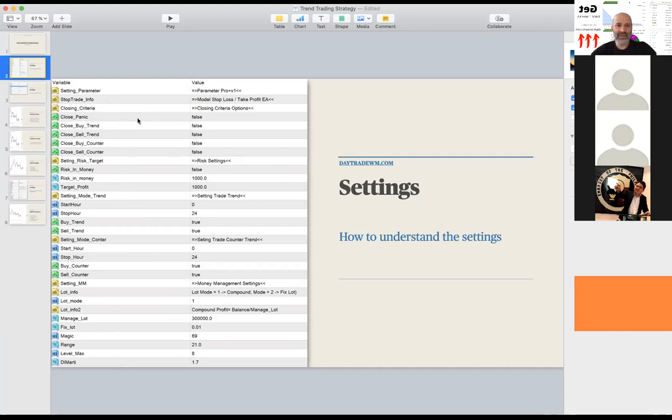Now, for the close panic, what it means, let's say you have open trades, it will just close all the trades, if you set it to true, of course. It will close all the trades on that specific currency pair. Now, if you have like the close buy trend, you know that you have two strategies in place with this EA. One is trend trades and the other is counter trend trades.